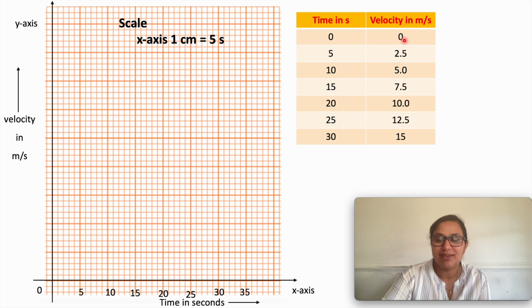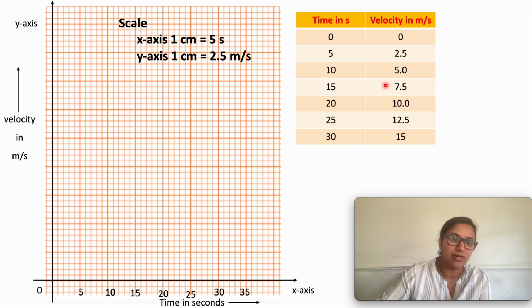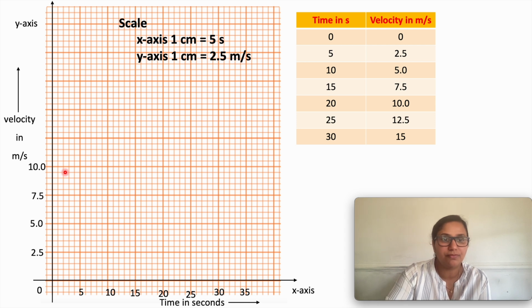Velocity varies from 0 to 15 meter per second, so we choose the scale on the y-axis as 1 centimeter equal to 2.5 meter per second. So 1 centimeter means from here to here: 2.5, next is 5, 7.5 and so on.